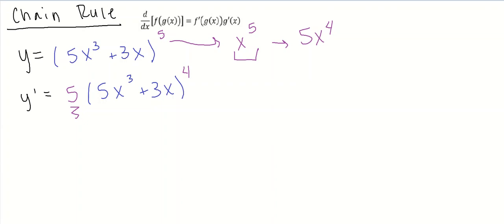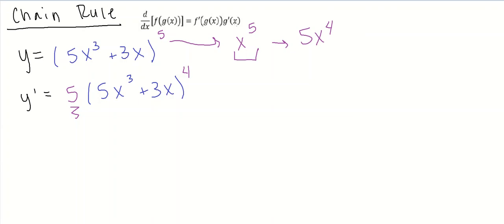So what I did right here is I used power rule only on the purple function. I brought the 5 down out front and then subtracted 1 from the exponent, but everything in blue here stayed the exact same because that's what chain rule tells us to do. Take the derivative of the outside, and then everything on the inside stays the exact same. So that was this first part.